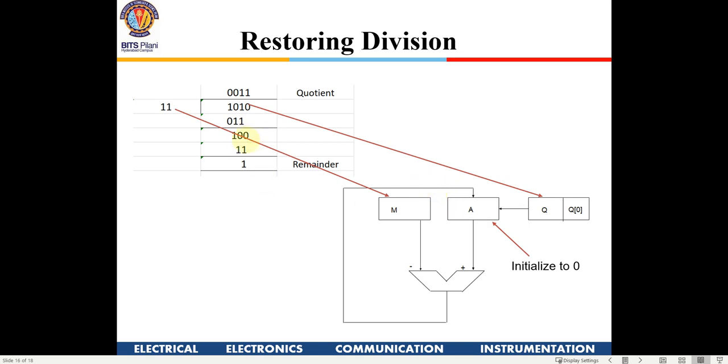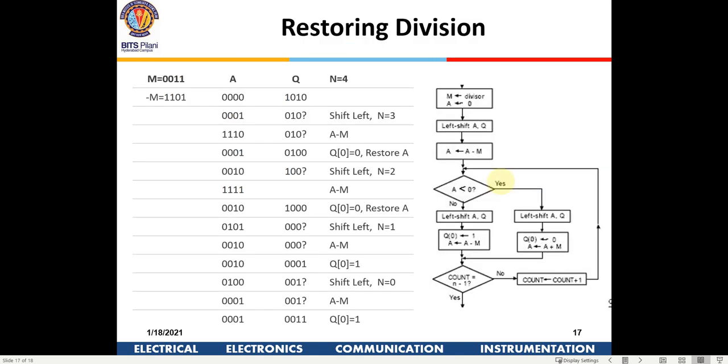Whatever difference has come will be loaded into A, and Q0 will be fed with 1 instead of 0. So that is how this division algorithm works. I'll show you the entire block diagram so that it becomes clear. We'll just go through one example, then it will become very clear.